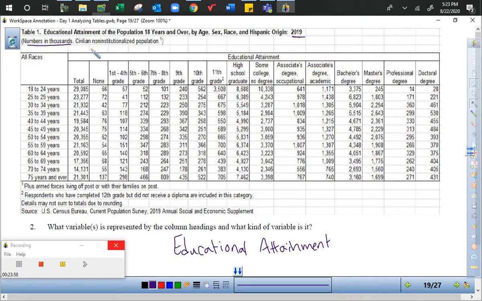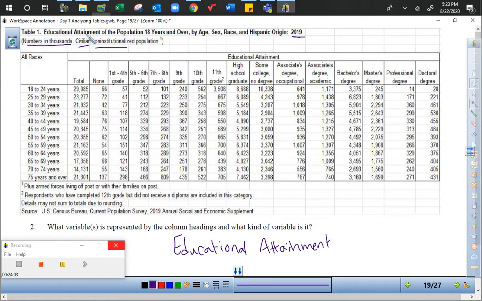Then it says these are civilians, so non-military, non-institutionalized population. So it's not counting everybody in the U.S. here, it's counting just the people who are civilian and non-institutionalized. Keep going to the bottom here and let's look at some of the notes. It says, plus armed forces living off post or with their families on post.